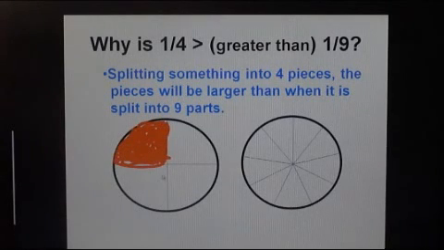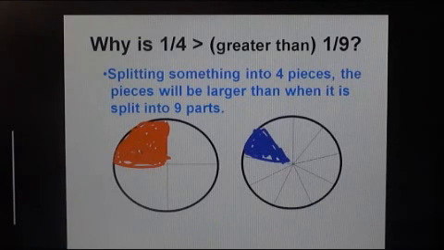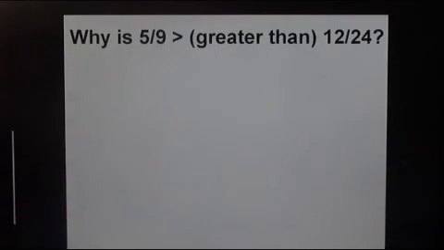Stands to reason that when you're dividing something just into 4, it's going to be larger than when you're doing it equally into 9 pieces. So a 4th is definitely bigger than a 9th. And the clue would be that denominator. This is 4 parts, this is 9 parts, more parts, smaller pieces.